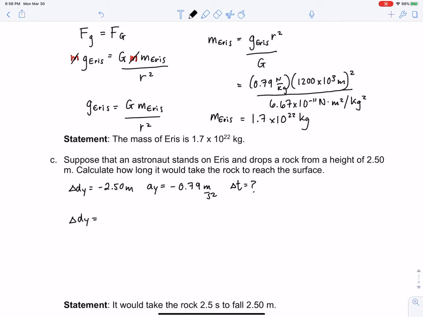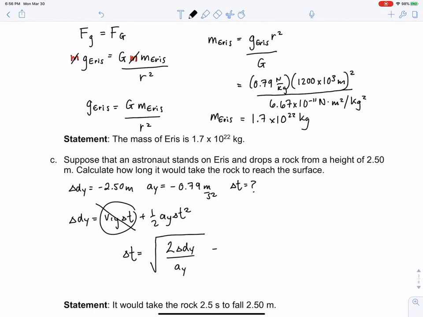Delta d is equal to v1 delta t plus 1/2 a delta t squared. Again, since v1 is 0, this term cancels out, and we rearrange for delta t. This is something we've done many times, especially in Unit 1. Delta t is equal to the square root of 2 delta dy over ay. We can sub this in.